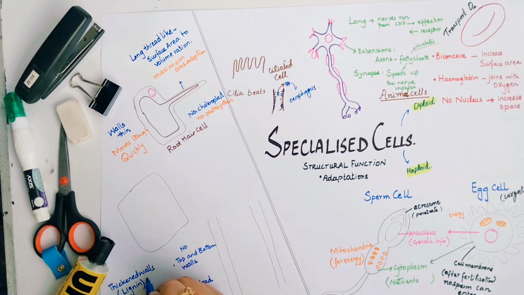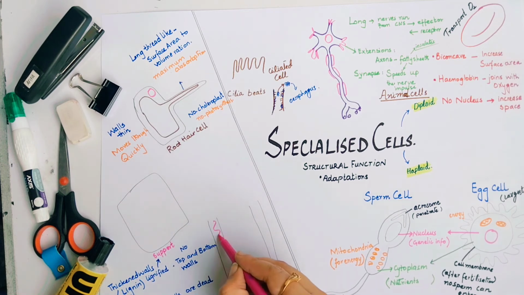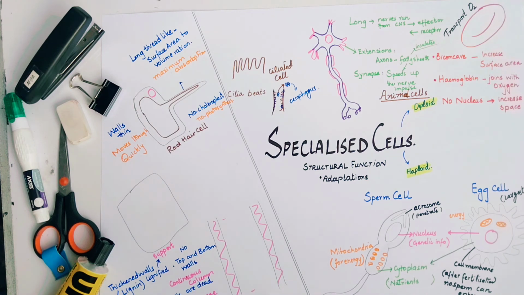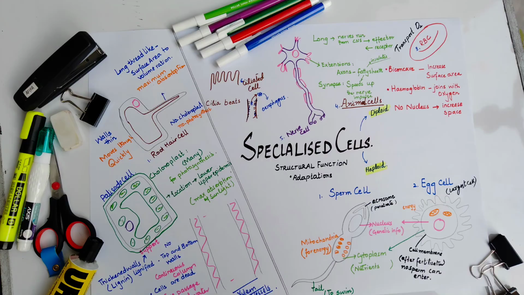What is meant by lignin? Lignin gives them extra strength, and this lignin is responsible for supporting your xylem vessel. The basic function of the xylem vessel is to transport water. So it transports the water in a continuous column without any interruption.